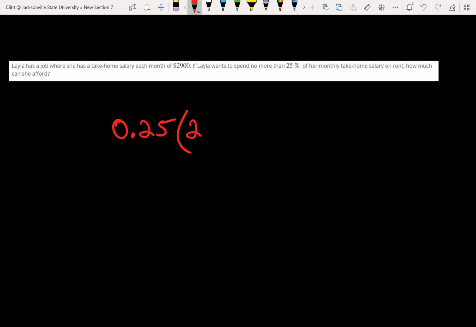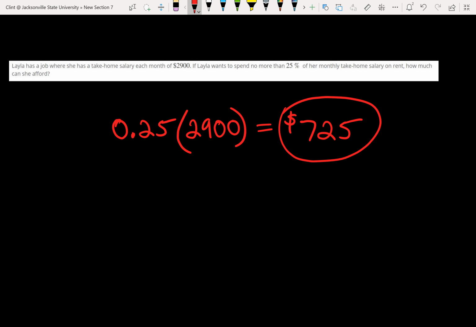Then we multiply that by her take-home pay of $2,900 to figure out her max rent budget, so 0.25 times 2,900 gives us a maximum budgeted rent of $725. So that's how most of the problems in 9.1 are. They're not too tough, as long as you can do the percentages like we've done before.